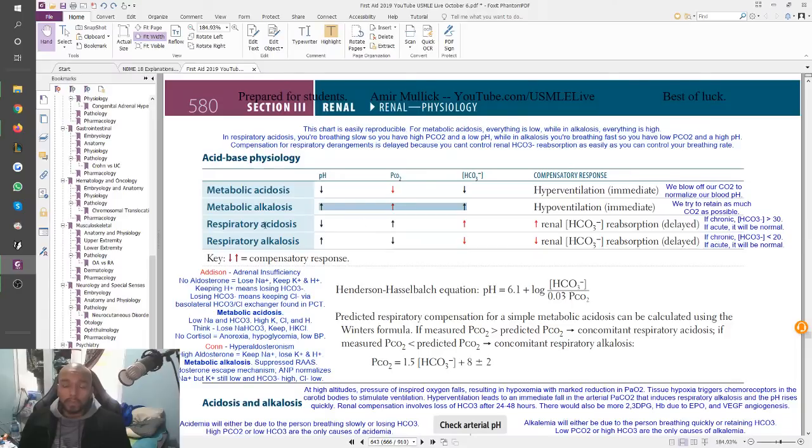This all changes in respiratory, but you have to remember that if your acidosis or alkalosis is actually due to respiratory issues, the renal compensation is going to take a while because it takes time for your kidney. You can't control it, right? You can't physically go into your kidney and flick a switch and stop dumping bicarb, right? So that takes time for your kidney to adjust itself and figure out what it wants to do with bicarbonate.